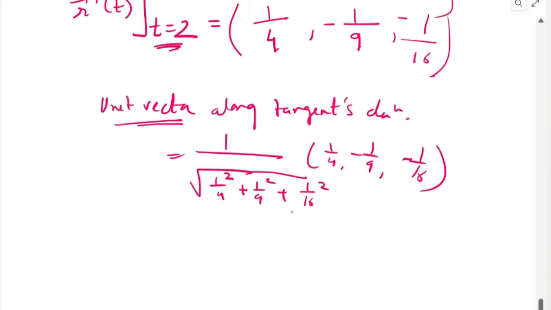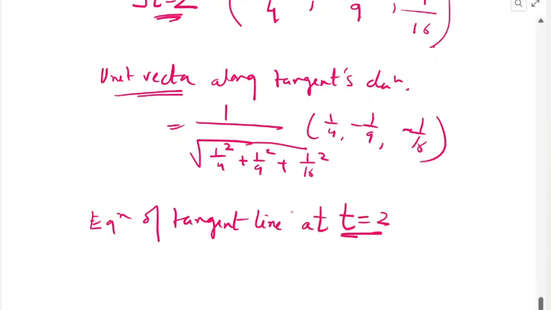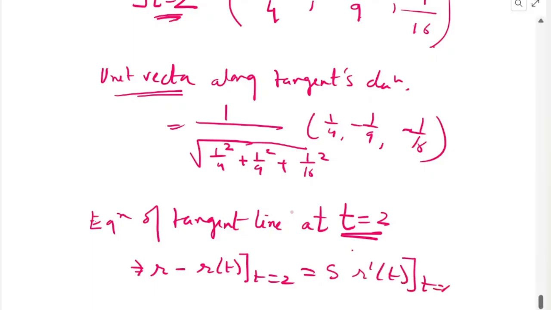So whatever you get, the equation of the tangent line is better to write. Please write at which point. This is very important. Do not miss this thing, at t equals 2, because if you change it, everything will change. So r minus r(t) at the point t equals 2 is equal to s times r dash t at the point t equals 2.